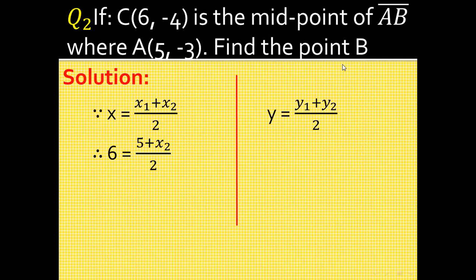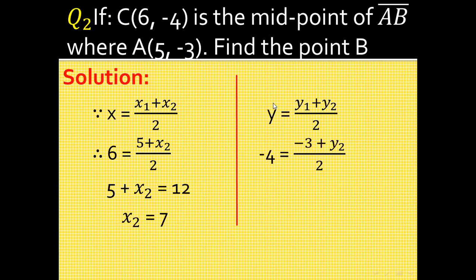You can solve as you like. Then x equals (x1 plus x2) divided by 2, so 6, the x coordinate of the midpoint, equals (5 plus x2) divided by 2. By cross multiplication, 5 plus x2 equals 12, then x2 equals 7. In the same way, y equals (y1 plus y2) divided by 2, where y1 is from point A and y2 is from B. Then -4 equals (-3 plus y2) divided by 2.